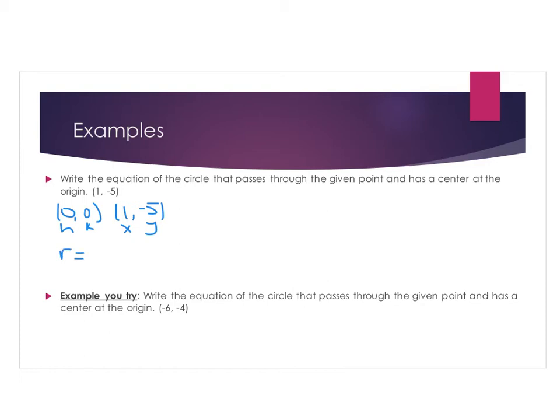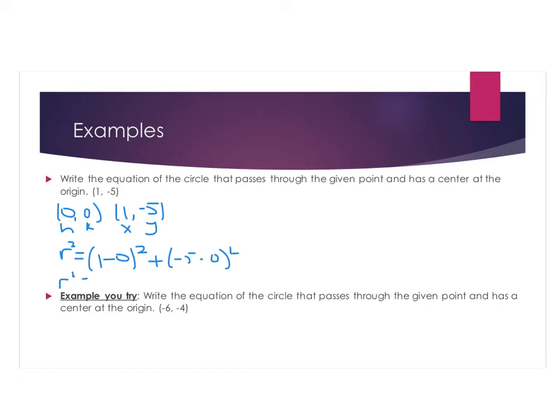So r squared is equal to 1 minus 0 and square it, plus y, which is -5, minus 0 and square it.